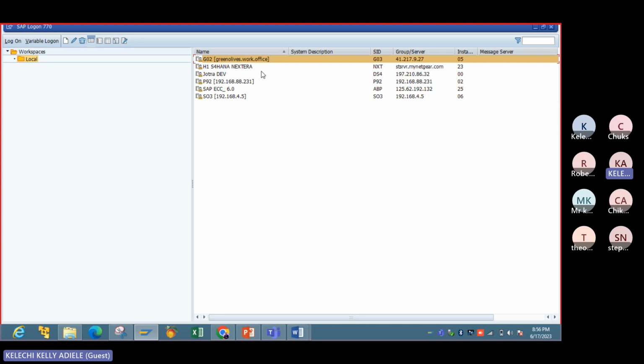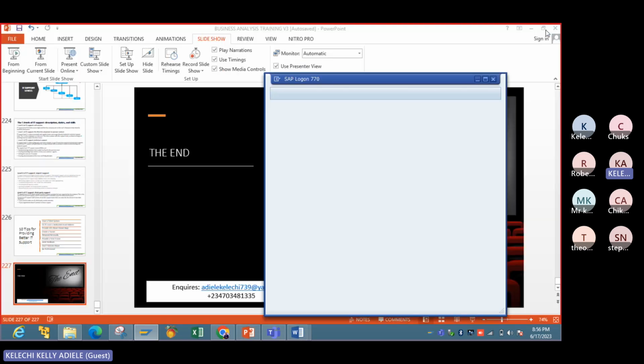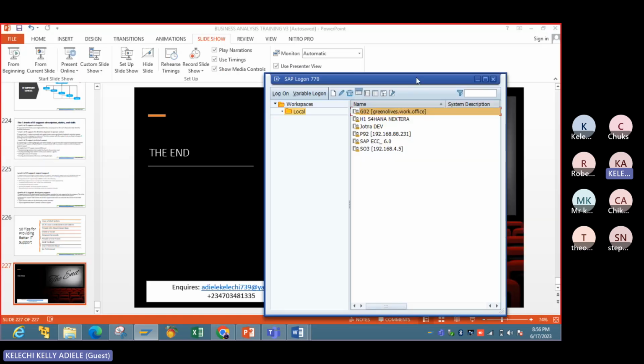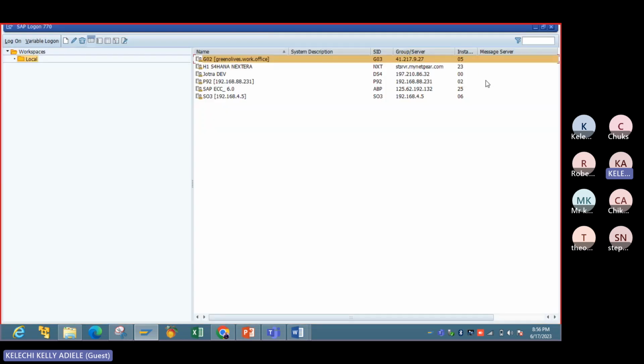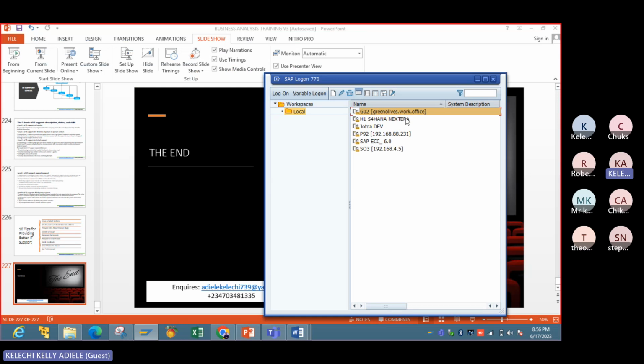So we grant you the access, and I'll discuss that with you once we are done. In case you want to have your own server too, we'll talk about that as much as possible. Remember, S4HANA is a subscription based service, so we'll know when we are supposed to start using it. We'll check the time and apply that appropriately.